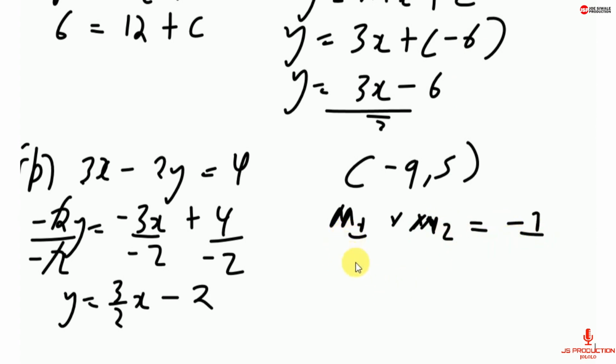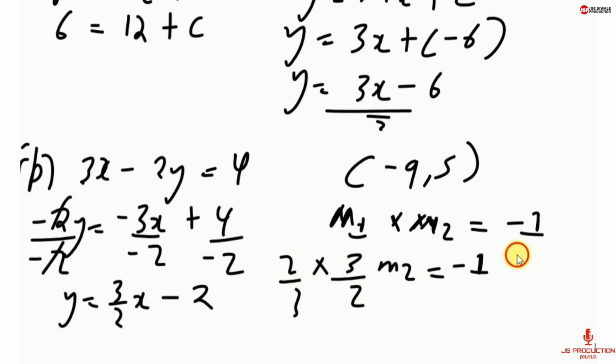So our m1, we know that's 3 divided by 2, multiplied by m2, is equal to negative 1. And from that, to calculate m2 there, we're going to multiply by 2 over 3. So our m2 will be, can cancel out, equal to negative 2 over 3.